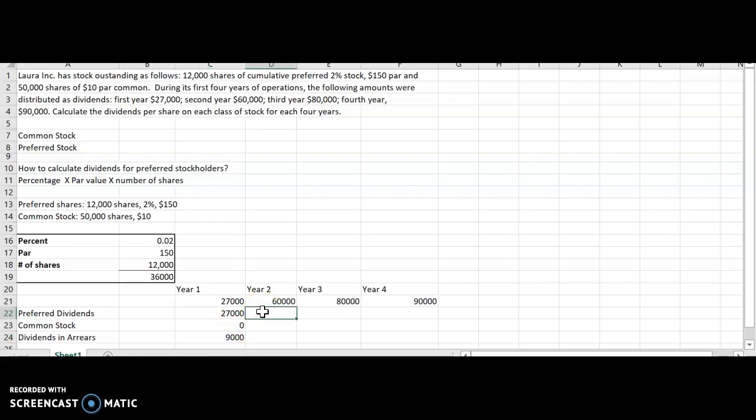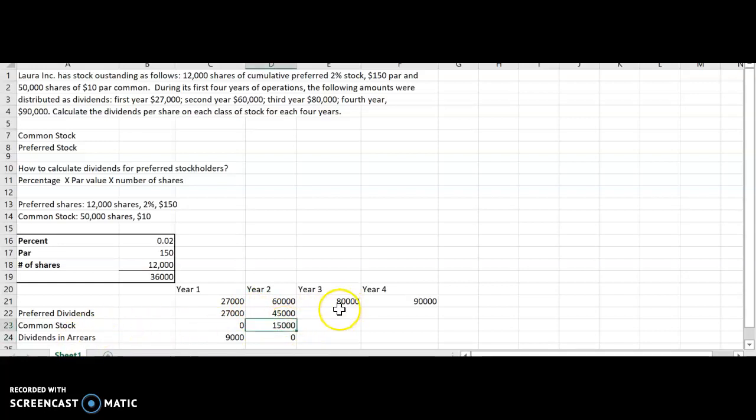So the preferred dividends would be $45,000, $36,000 plus $9,000. Since we're caught up on dividends for preferred, we have 0 dividends in arrears. For the common stock, we had 60,000 dividends and we paid 45,000 to preferred. So the common stockholders will get 15,000 this year of dividends.